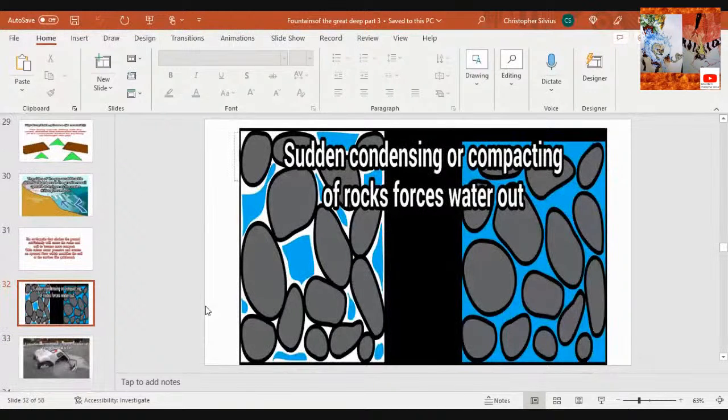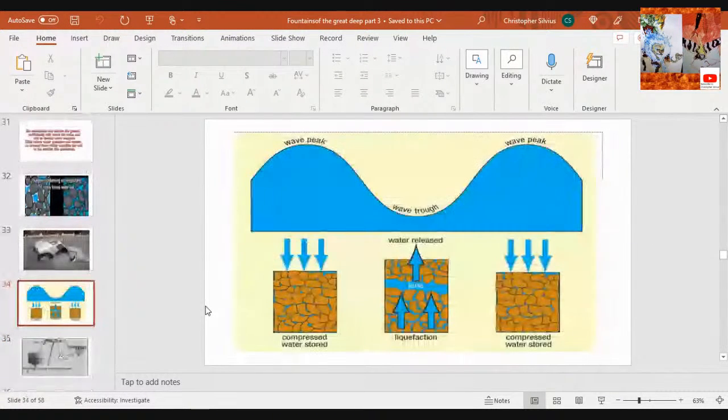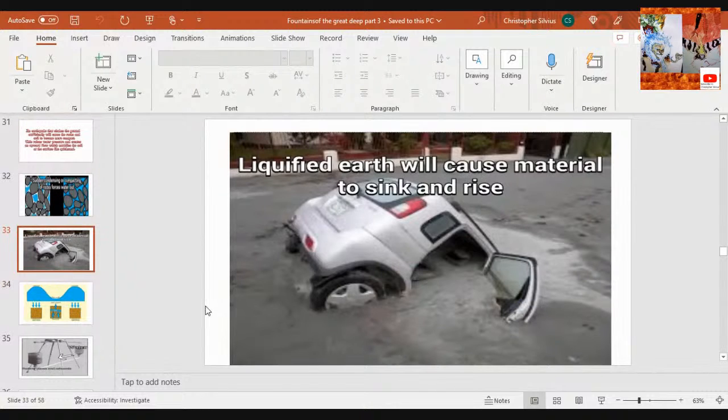Sudden condensing or compacting of rocks forces water out and up to the surface, liquefying the surface, and this causes heavy material on the surface to sink, and other material will rise. I can't think of the scientific term for that, but basically the material sinks.